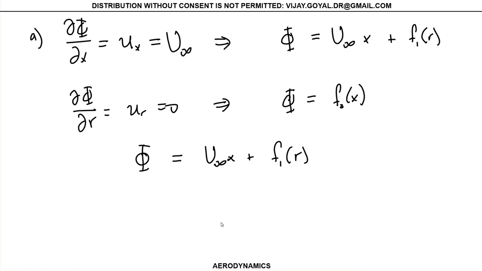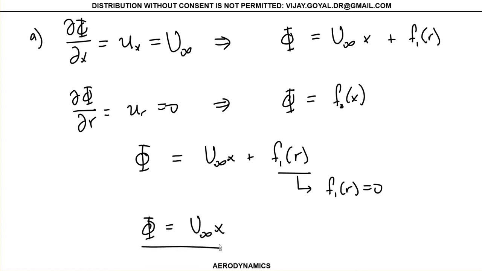However, since I have no information about r, I have no information about what's going to happen with this function. I can set that value to whatever value I want. So one way I could do it is to set this value equal to 0. In such a case, I will have a potential in x.